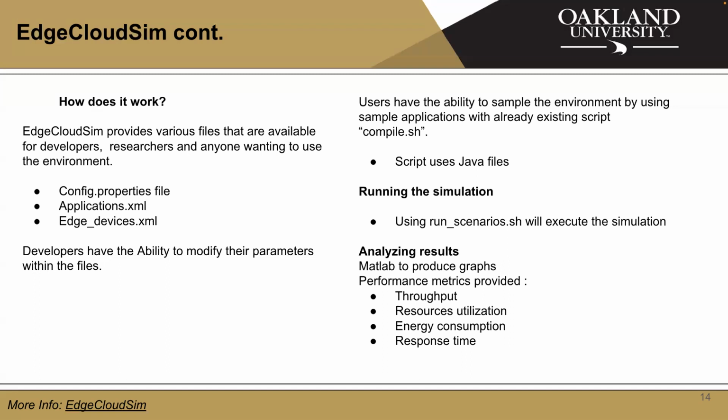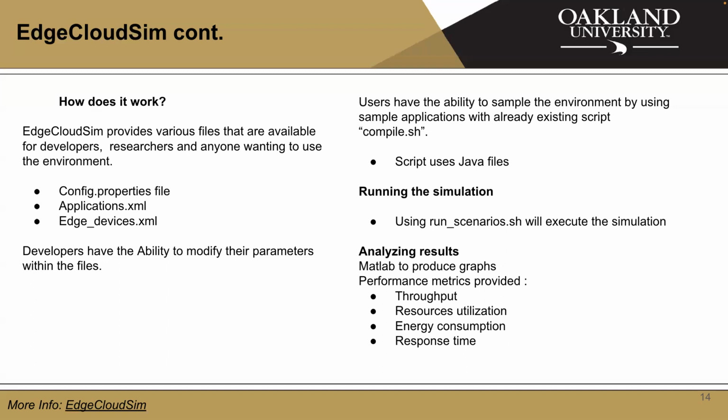So ultimately, the user still has the capability of going back and editing all these files, but they are provided by Edge Cloud Sim to use without any modification if needed. Users have the ability to sample the environment by using sample applications with the already existing script, compile.sh, or a new script can also be written.